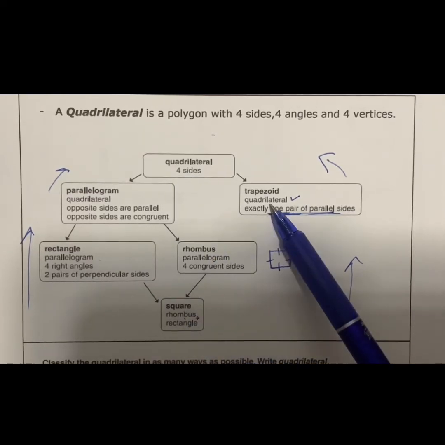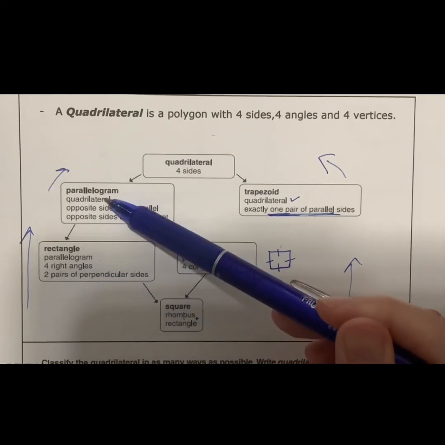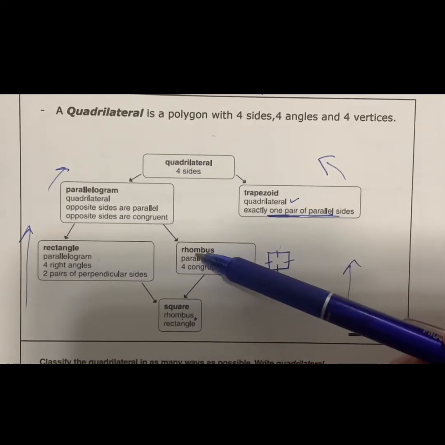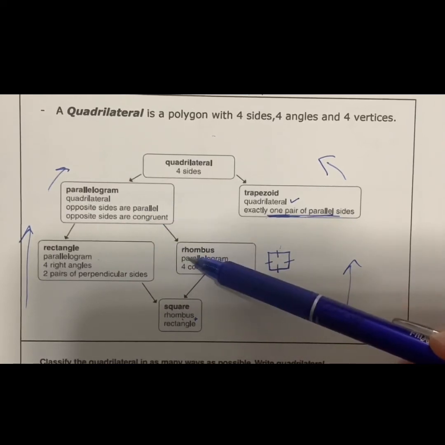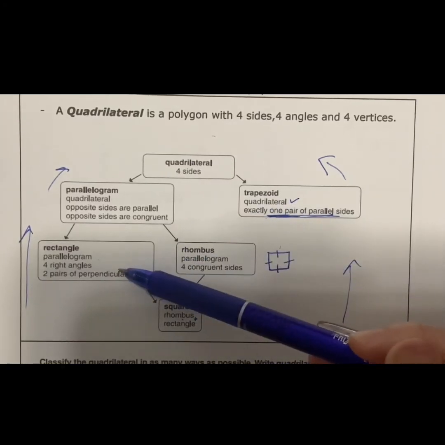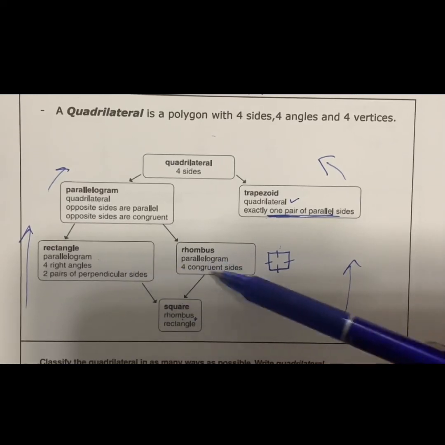A square is not a trapezoid. So you're going up. A rectangle is a parallelogram, a rectangle is a quadrilateral. See how you're going up? A rhombus is a parallelogram, a rhombus is also a quadrilateral. A rhombus is not a trapezoid. A square is not a trapezoid. A rectangle is not a trapezoid. A rectangle is not a rhombus. Okay?